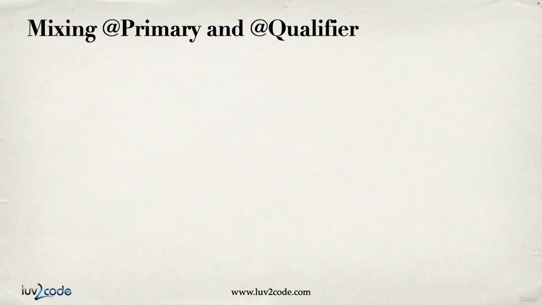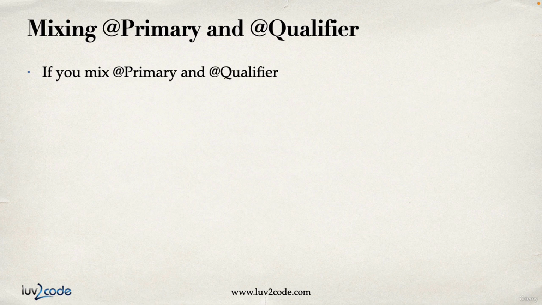Now, you may also wonder, well, what about mixing primary and qualifier at the same time? Can I use both of those in the same class? The answer is yes, but you're asking for trouble. Not really, but you have to be aware that qualifier has the higher priority.